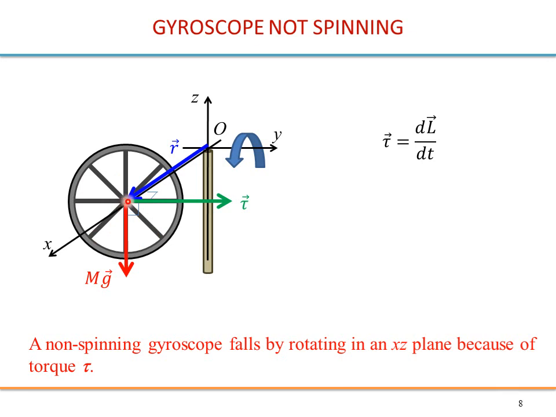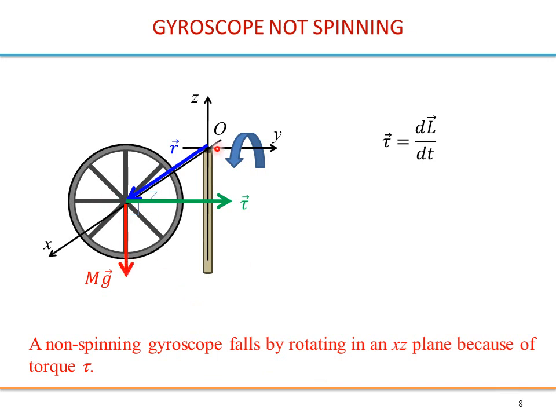So this force is mg here. We can find that there is a torque on this object about point O. This torque is of course r cross product with mg, and it gives this green vector tau. Of course, if you take the non-spinning gyroscope like this, it will fall on the ground because of this force.